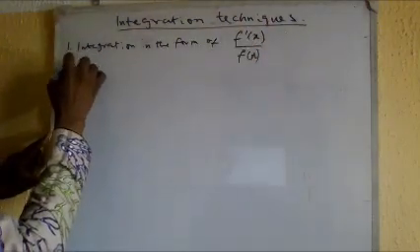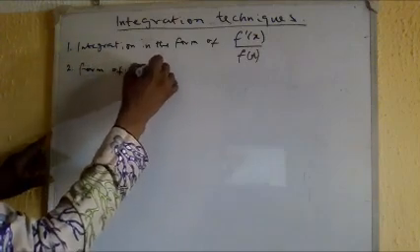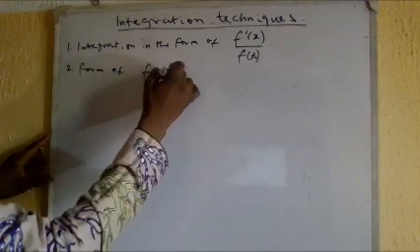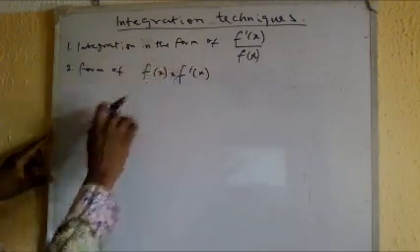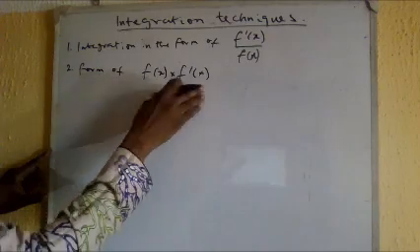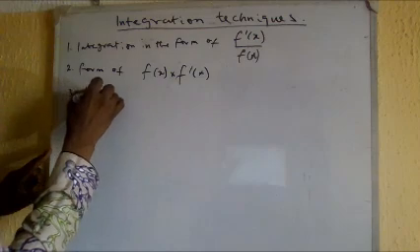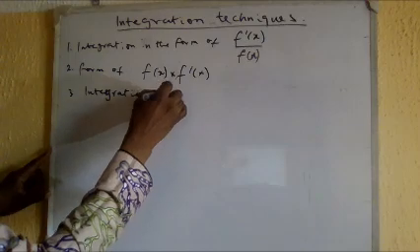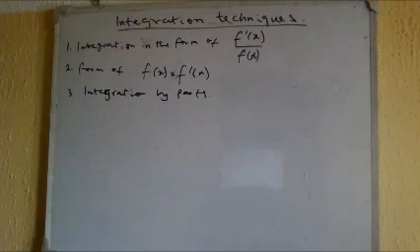And the form of function f of x times function of the differential. That is, if we differentiate this function, we will get this function. And finally, we'll see integration by parts. So let's get ready to enjoy this series because it promises to be exciting.